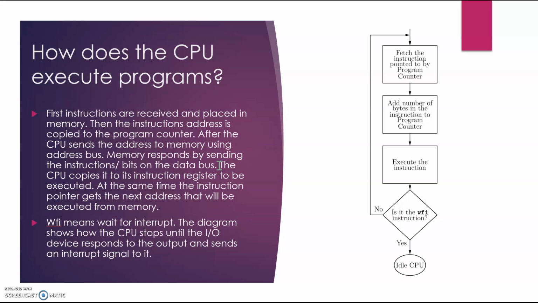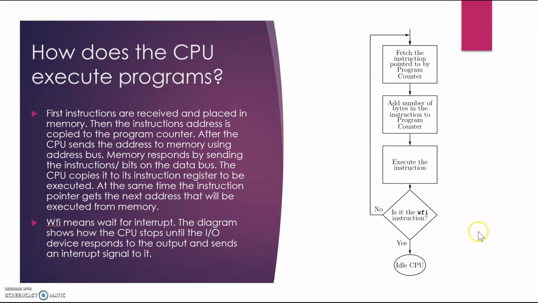So there are instructions in the memory. The instruction address, emphasis on address, is copied to the program counter. So the CPU sends the address to memory so that the address gets sent to memory.